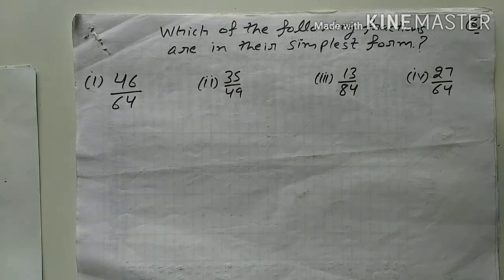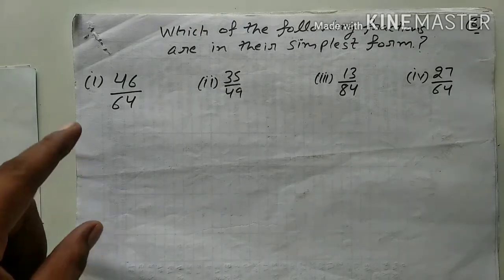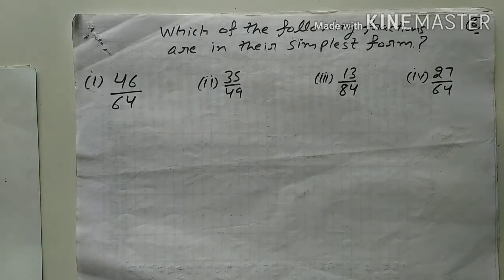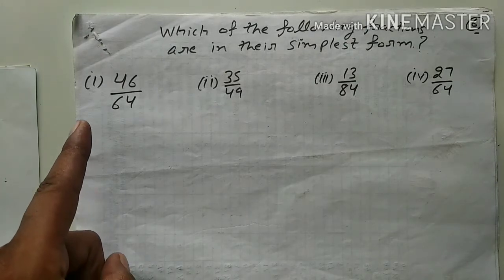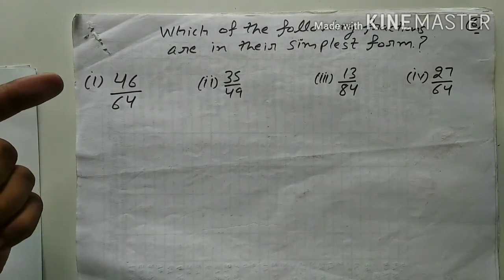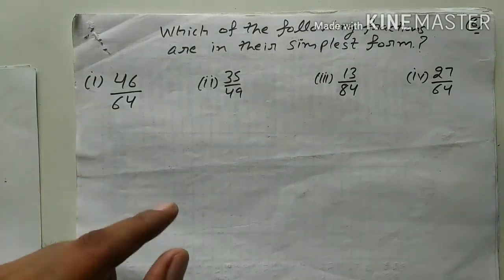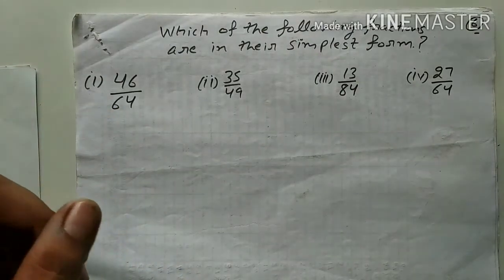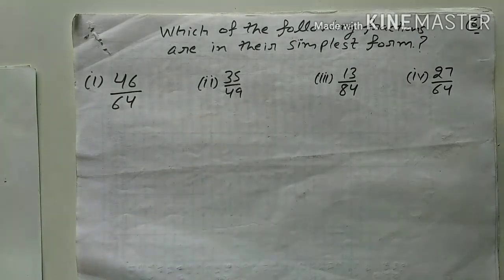So student, in the first part we will see 46 over 64. You will see that 46 and 64 both are divisible by 2. So in that case, this can't be a simplest form. This was the visual trick. Now, firstly, I will give you some clue so that you can find without any calculation which fraction is not in the simplest form.